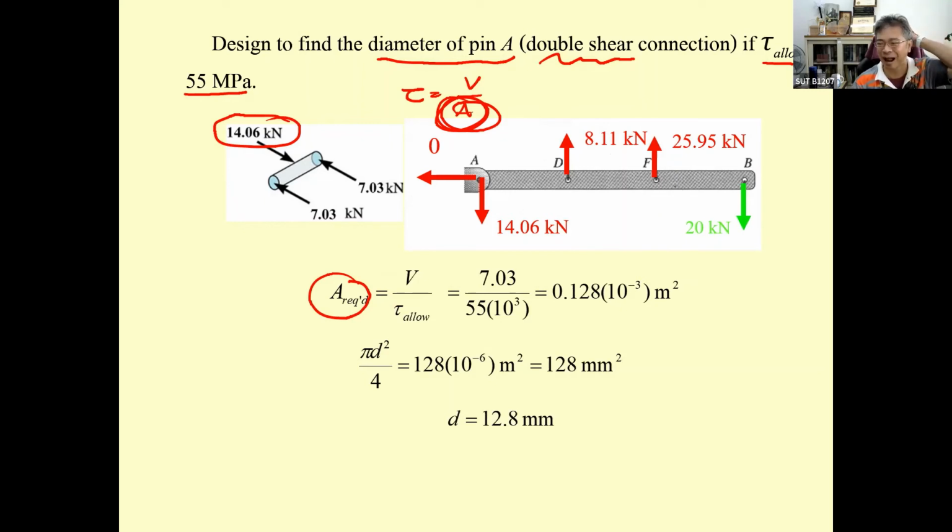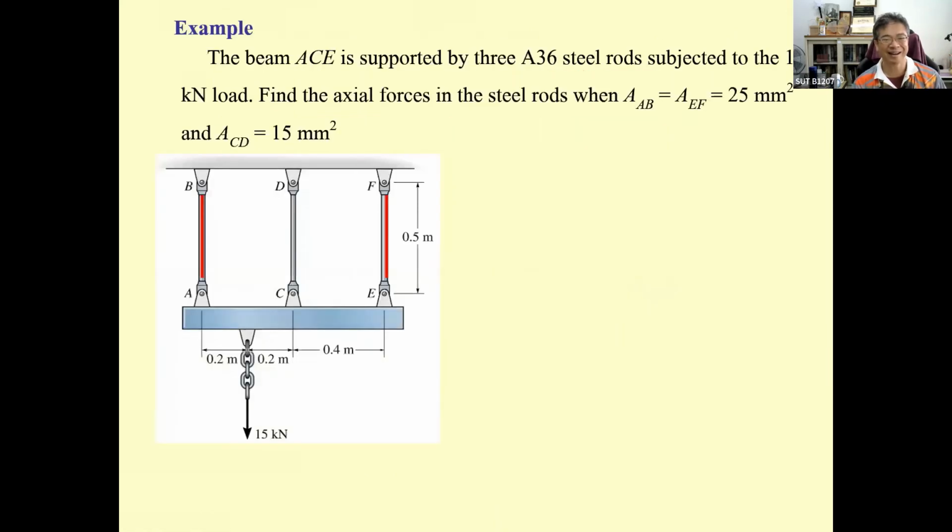Okay, if they don't ask you to increase the size to buy it at the store, you don't need to say it's going to be 13 millimeter, 14 millimeter. You cannot select 12. Okay, so select the bigger section when you design the structure.